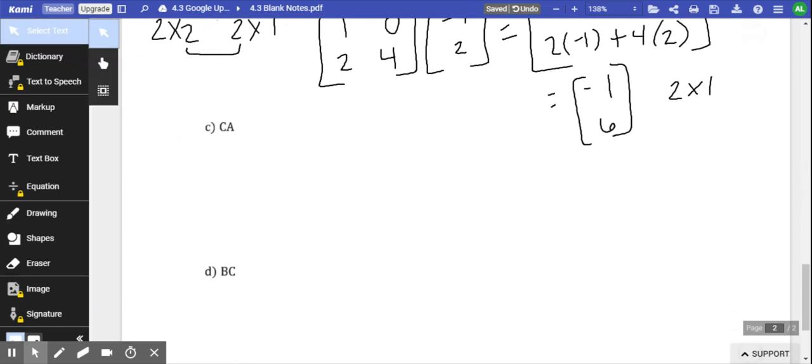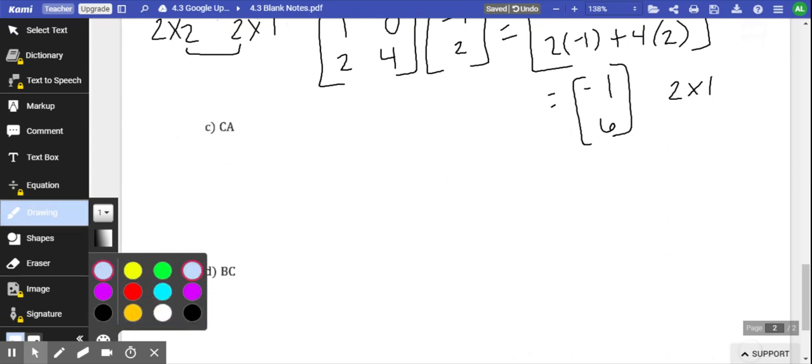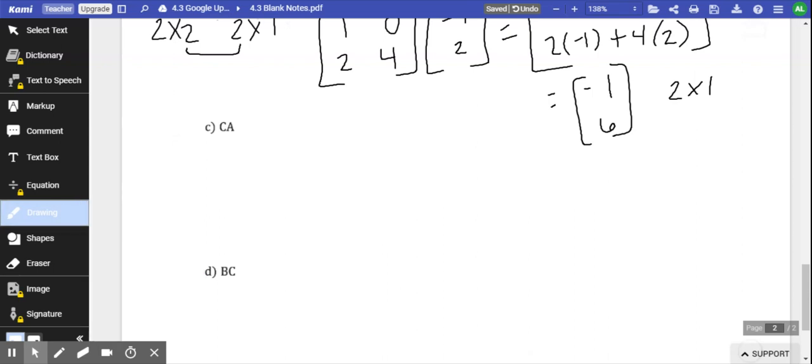All right, now let's do C. We want to multiply C by A. C is a 1 by 2 matrix, and A is a 2 by 1 matrix. So I'm good to go, and I can multiply them together. So I'm going to get a 1 by 1 matrix this time, which is a little bit interesting.